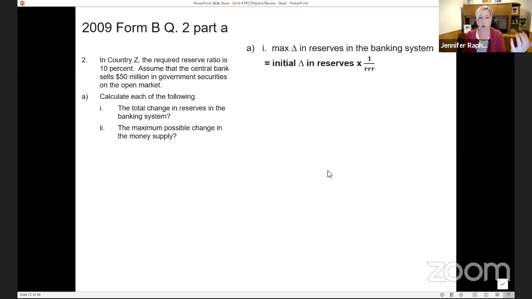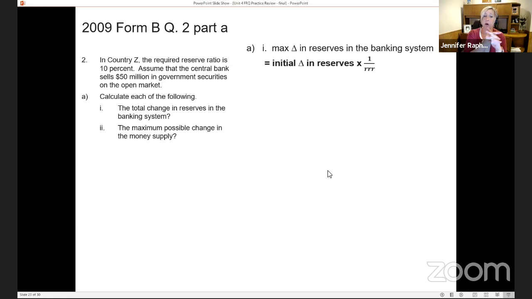So the total change in reserves in the banking system is going to be equal to the initial change in reserves times the multiplier. So if the reserve requirement is 10%, then the multiplier equals 10. And so that initial decrease in reserves of 50 million multiplied by the multiplier means we're going to have a total change in reserves of 500 million. And then the next part of the question reads, what's the maximum possible change in the money supply?